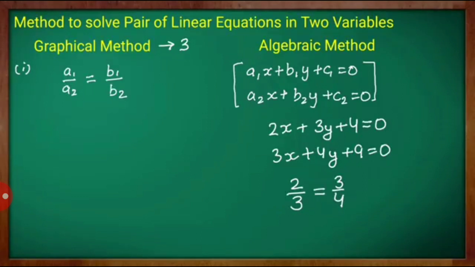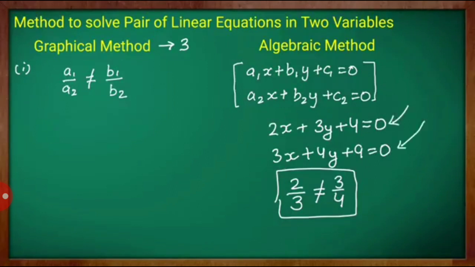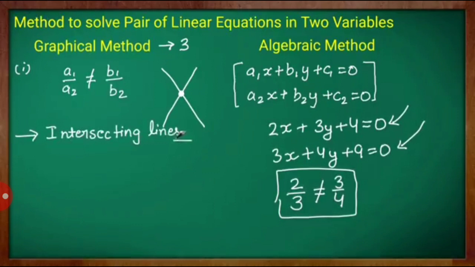Now you see both the values are unequal. So in the graphical method, the first case can be written like this: a1 upon a2 and b1 upon b2 are not equal. If a1 upon a2 and b1 upon b2 are not equal for a pair of linear equations, then when you draw the graph on graph paper, you will see both the lines, meaning both the linear equations, intersect each other at one point.